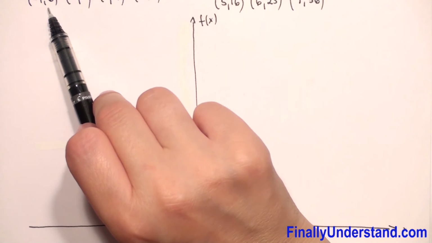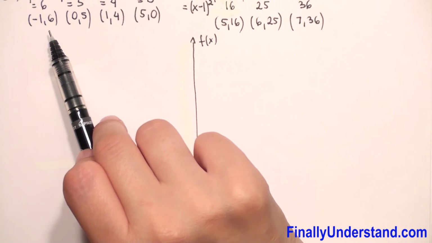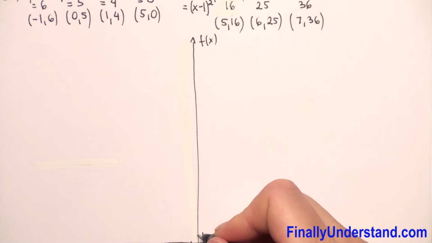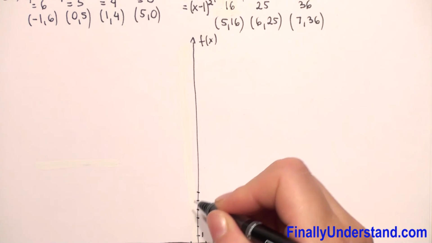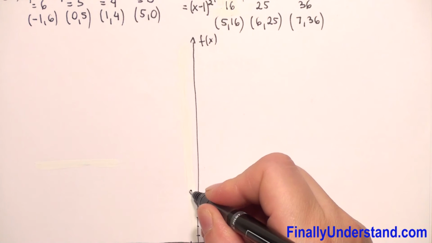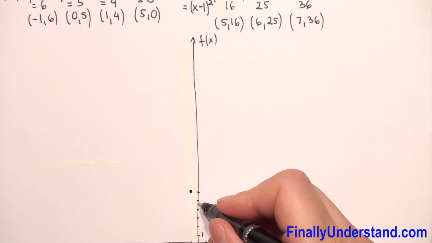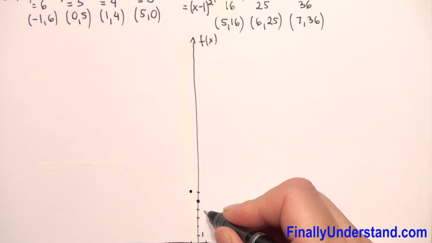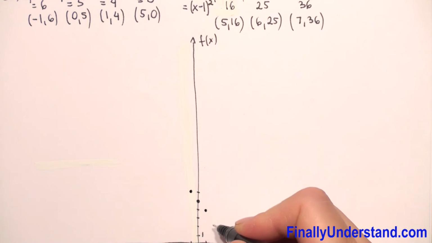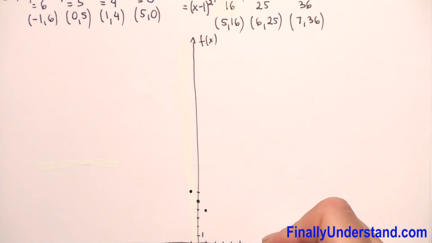First point is (-1, 6), 2, 3, 4, 5, 6. Next we have (0, 5), then (1, 4), and then 4, 5, 3, 4, 5, we have value 0.